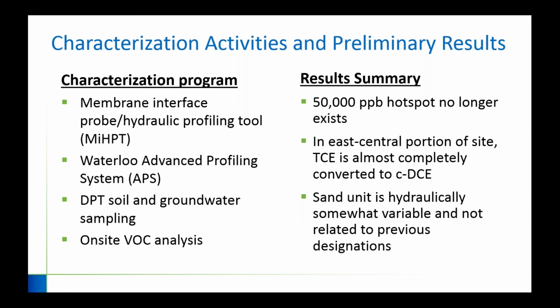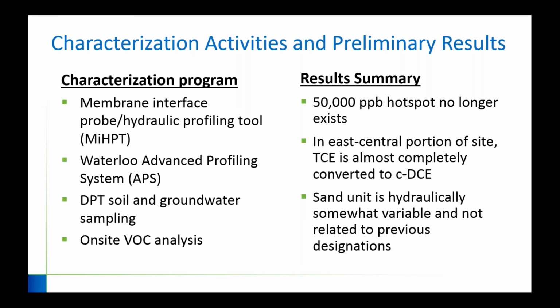So just from the time that the RI was finished and the FS analysis was completed, the highest concentration we saw, and even this is with very targeted sampling, was just a little over half that. So the conclusion was that things had attenuated quite a bit. We also saw a lot of conversion to cis DCE over that time period, which hadn't happened before.